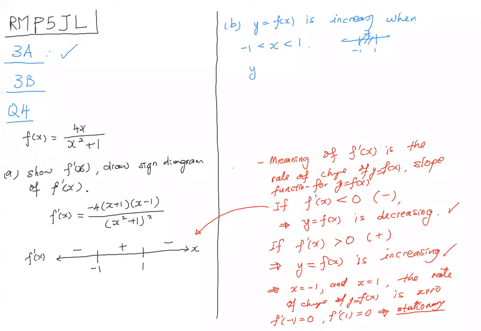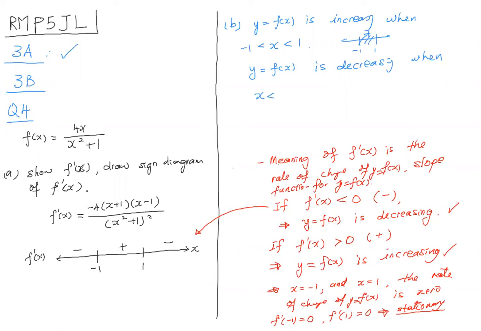And y equal to f(x) is decreasing. Okay, Kevin, can you give me? When x is less than or equal to -1. Okay, you want to put equal, I will not mark you wrong as well.